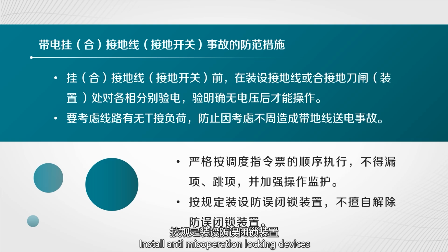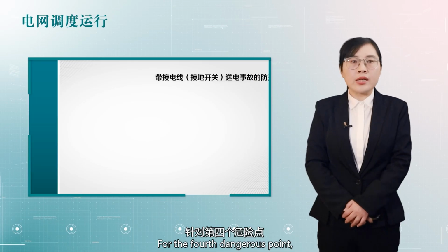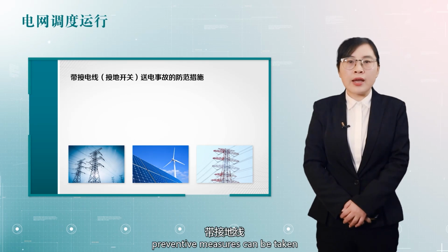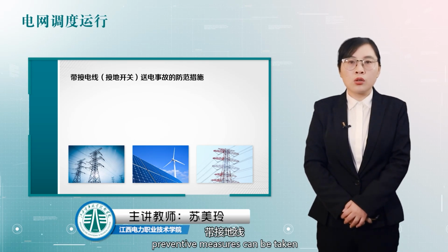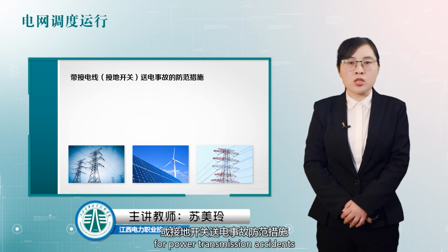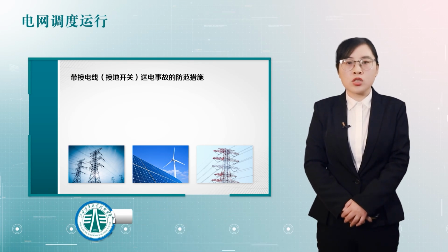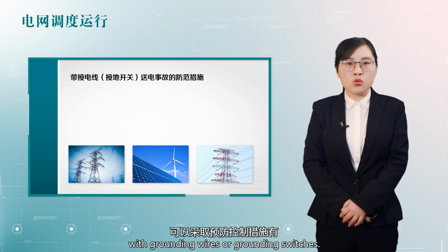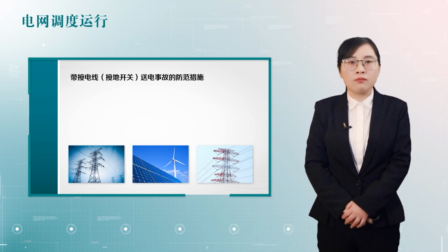Install anti-misoperation locking devices according to regulations and do not release the anti-misoperation locking devices without authorization. For the fourth dangerous point, power transmission accidents with grounding wires or grounding switches, preventive measures can be taken as follows.